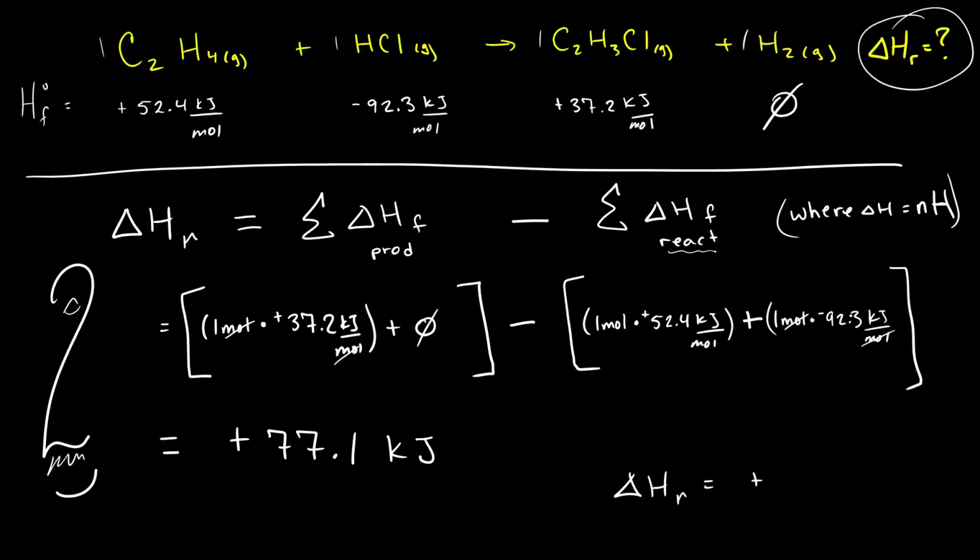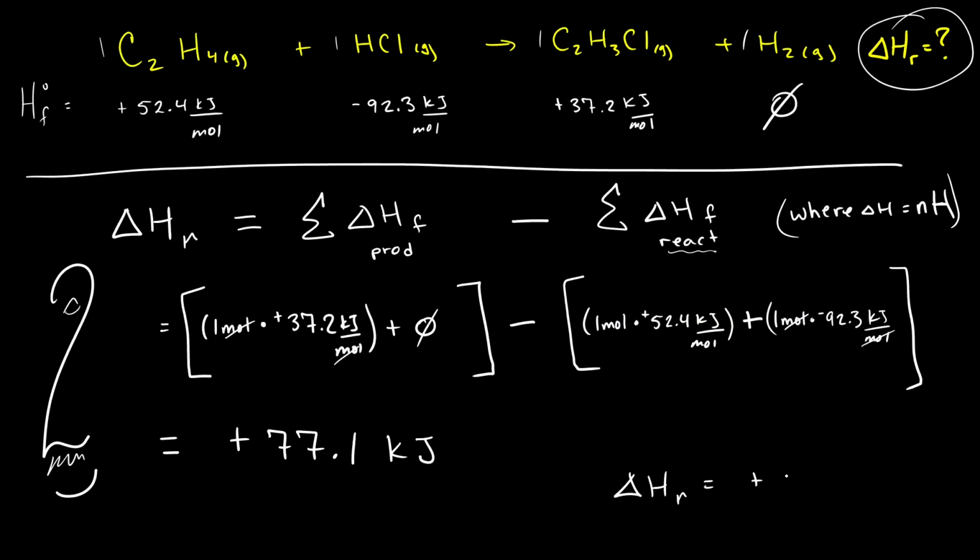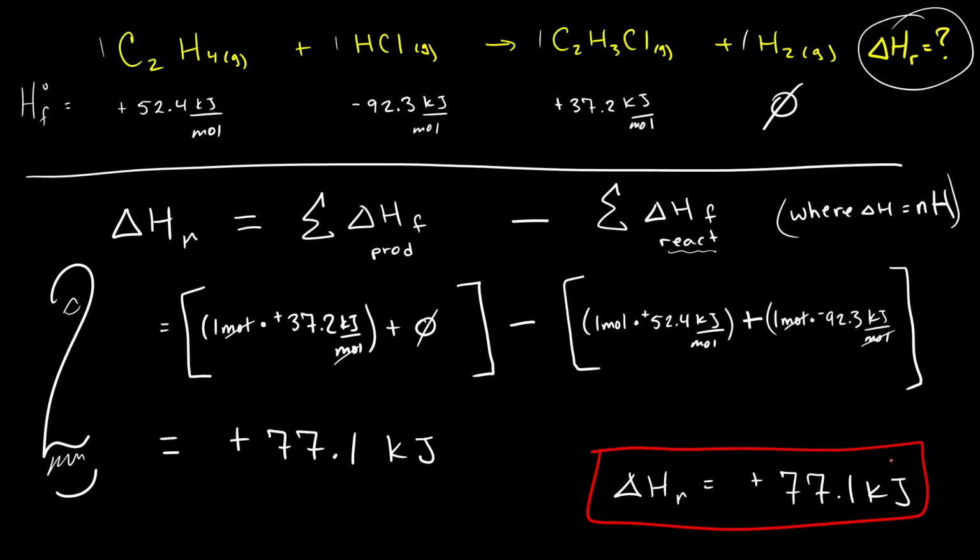Everything here works out to 1 decimal place, so we're actually fine as is, plus 77.1 kilojoules of energy. Big red box. Victory box. Okay, and that is how much energy that this reaction takes in order to go forward. So it's an endothermic reaction, plus 77.1 kilojoules.